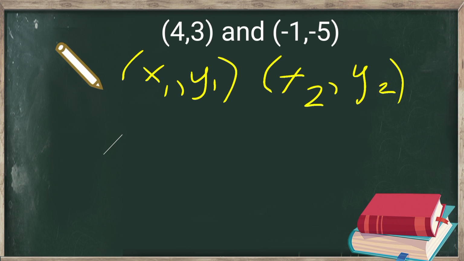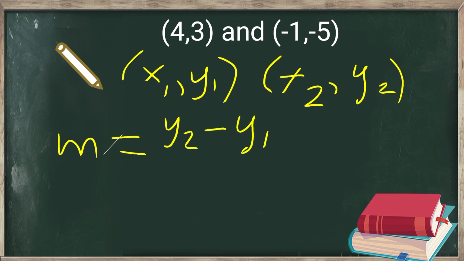And remember, the formula of getting the slope is m is equal to the difference of the y coordinates. So we have y sub 2 minus y sub 1 over the difference of the x coordinates. So x sub 2 minus x sub 1. Pwede rin baliktad.